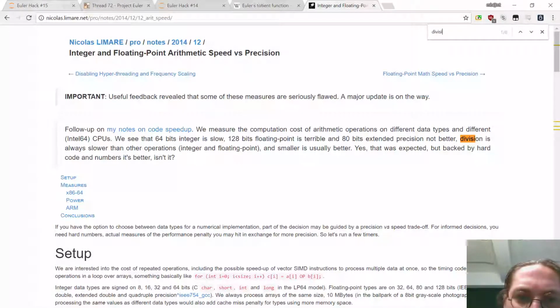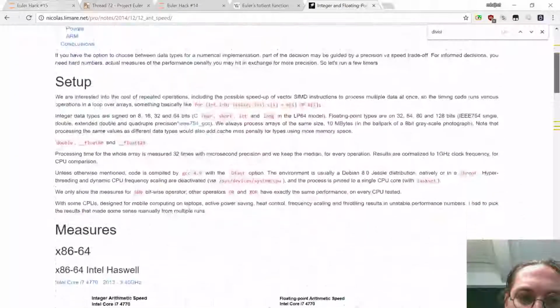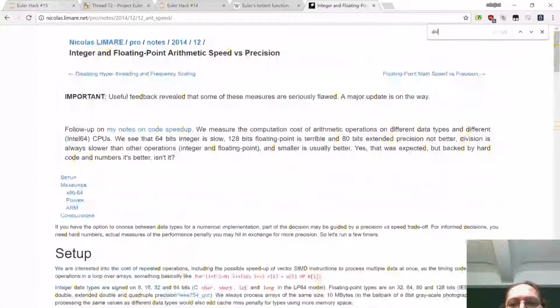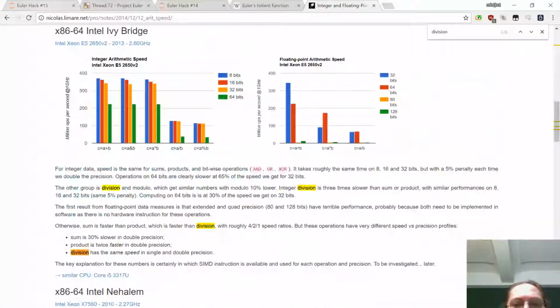Single, double, extended double, or quadruple precision, but it doesn't say which. Yeah, division is 3 times slower than sum or product.